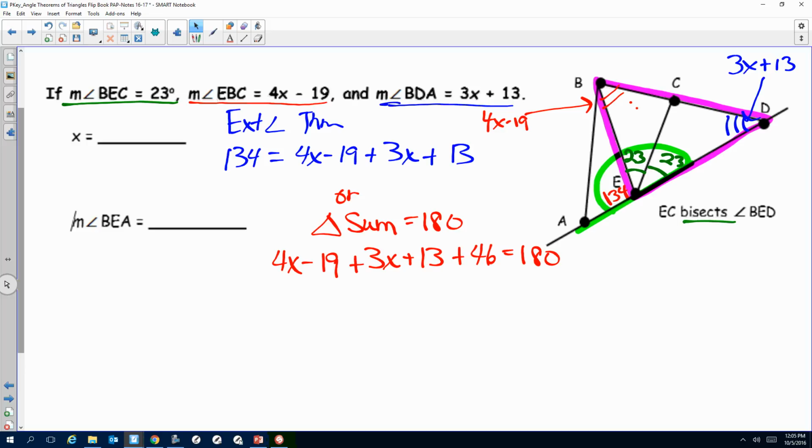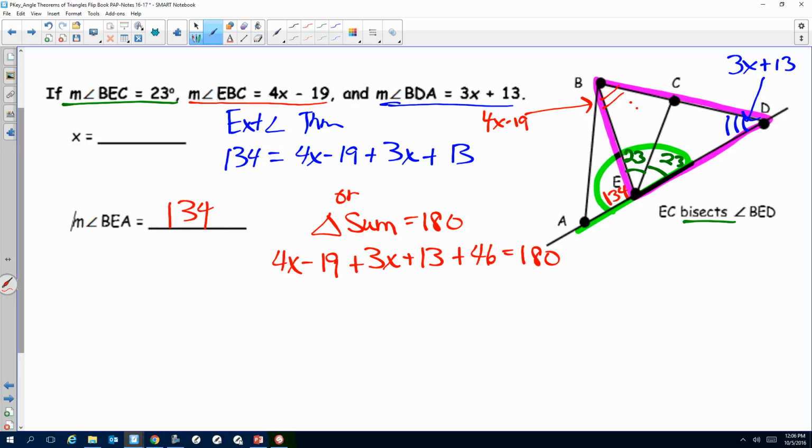Yeah, 20. So to get to BEA, we already have that because we did the exterior angle theorem. BEA is 134.